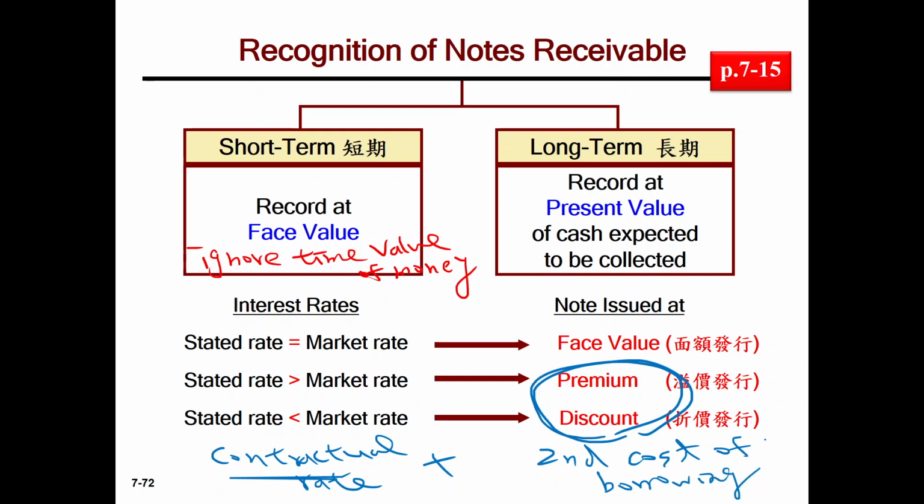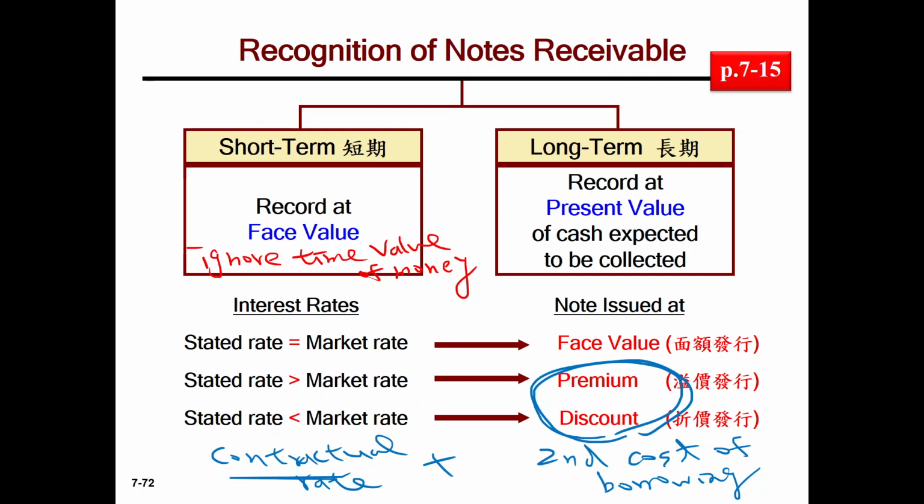Remember? We have one contractual interest rate we pay each period. The second cost of borrowing is premium or discount. So that's why we do discount amortization and premium amortization, trying to get our second interest for each period. Okay?